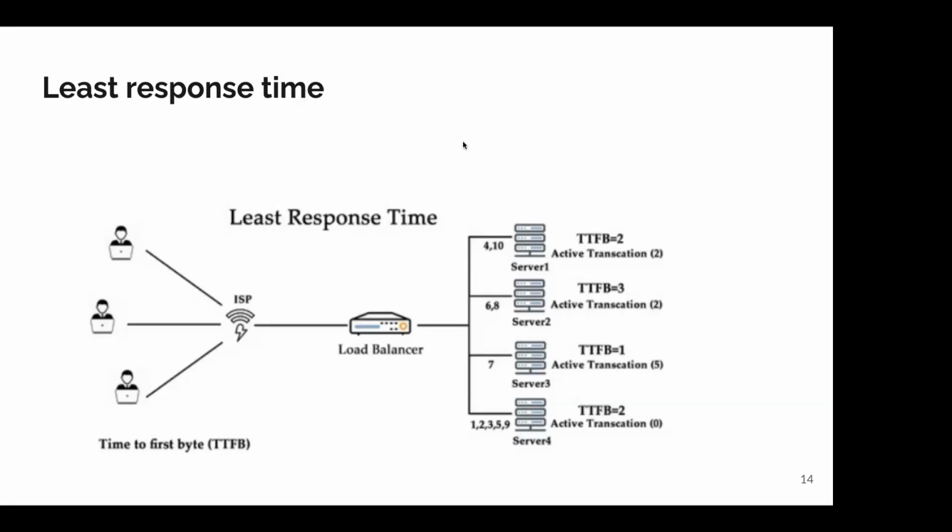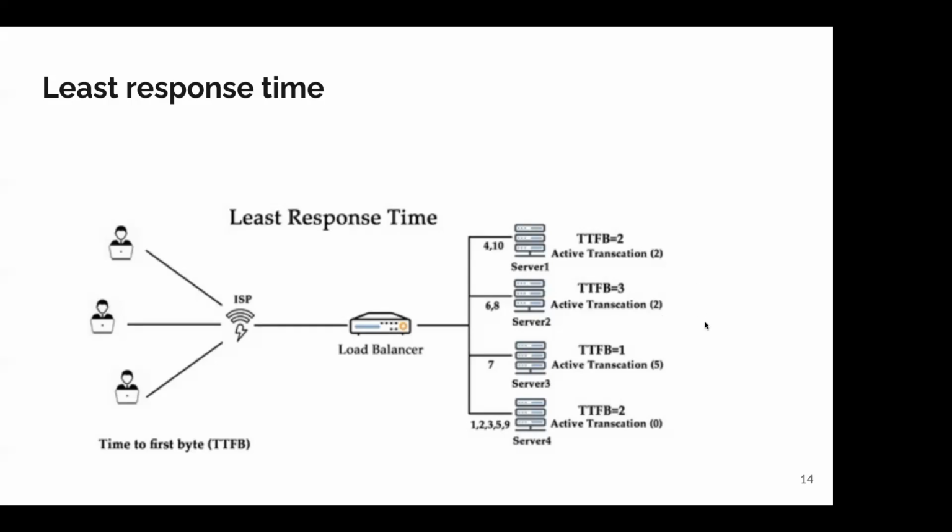So that's why we only check the time to first byte. This server 4 responded quickly, like it brought up the server and responded quickly. So that's where the TTFB is 2. Server 2 has a higher TTFB because it has taken some time to bring up the server and serve the first request.